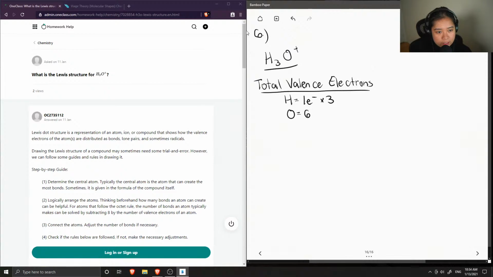Oxygen contains 6 valence electrons, and this ion has an overall positive charge, so we know we have to subtract an electron from our total electron count. So these two will be added, but this one is subtracted. So 3 plus 6 minus 1 is 8 electrons in total.